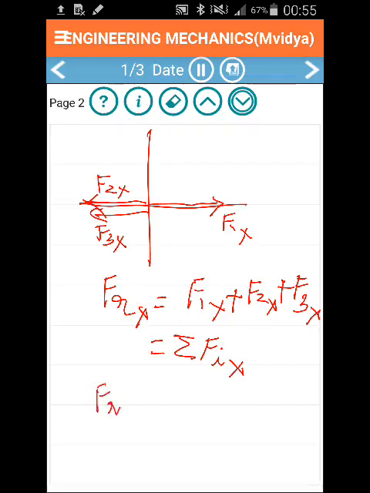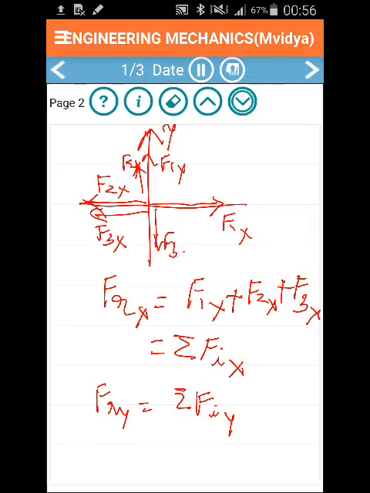Similarly, my y component of the resultant is going to be summation Fiy, the summation of the y components of all the forces. In this case my F1y is in this direction, my F2y is also in this direction, and F3y is pointed downwards.